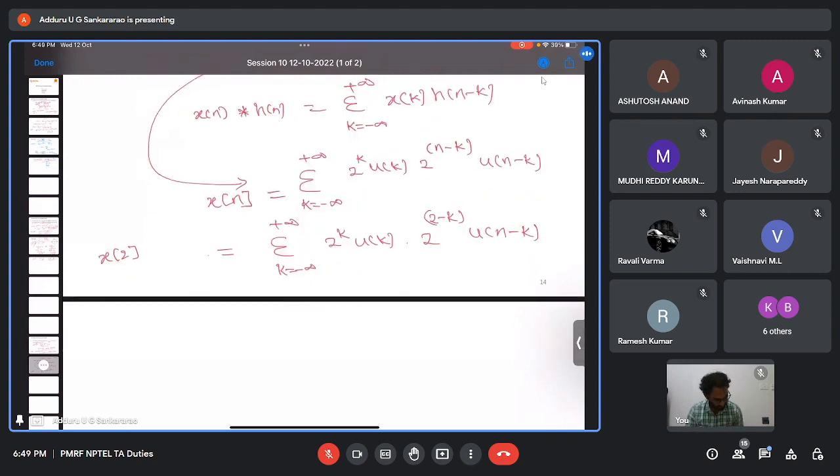So here we get 2 minus k. This term will be 0 for k less than 0. Similarly, this term is 0 for 2 minus k less than 0.